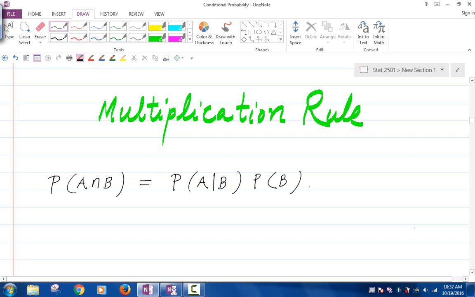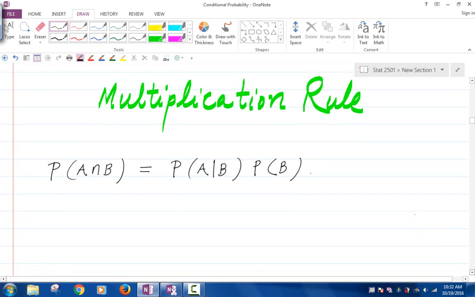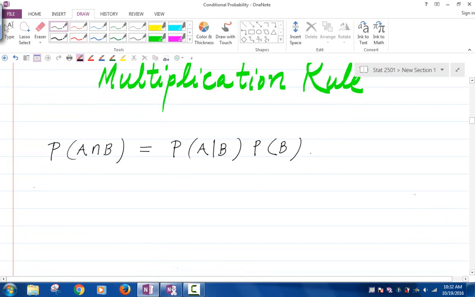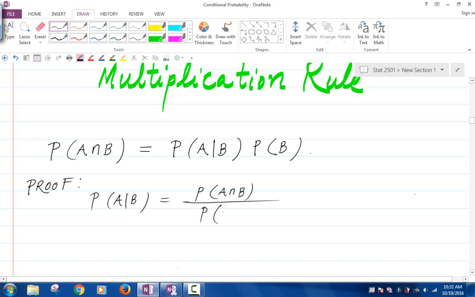Okay, that's the multiplication rule. Now, why is that true? Well, because we know that the probability of A given B is the same as the probability of A intersect B divided by the probability of B, right?